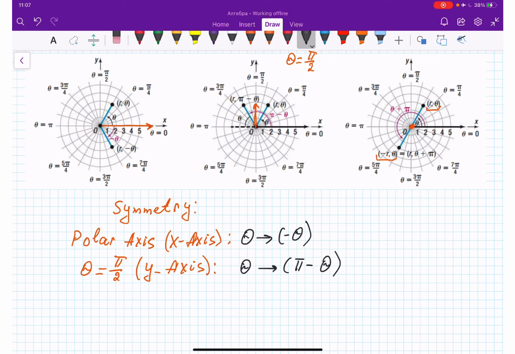And if an equivalent equation results, meaning we get the same result, then the graph is symmetric with respect to theta equals pi over 2.